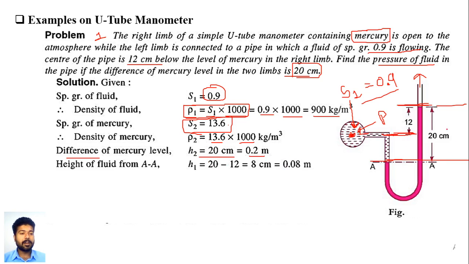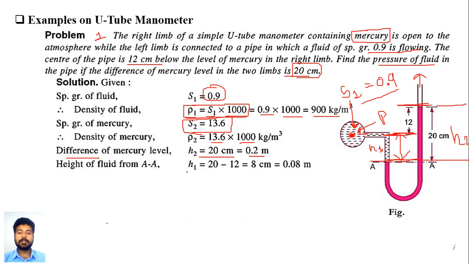We can see that in our right limb, that is the value of H2. So what is the value of H1? In the left limb, this distance is H1. So total 20 centimeter minus this 12 centimeter gives the value of H1.